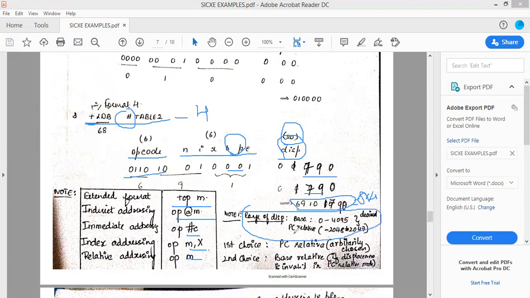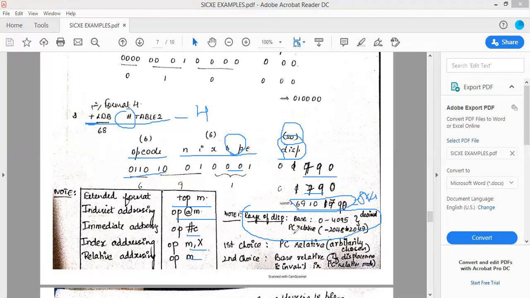As I said, in relative addressing you have two types: one is PC and one is base. PC is preferred by most assemblers, that is, it is the first choice. But when should we use base?